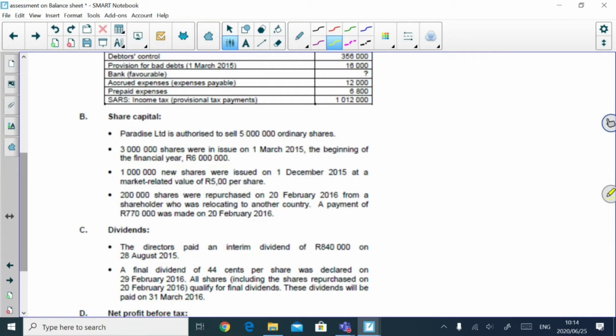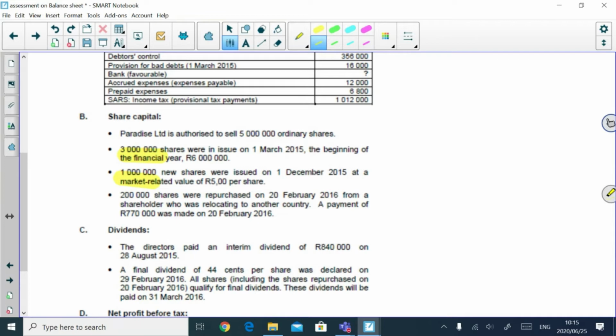So the shares that are issued are your 3 million shares and your 1 million shares. Now they were issued at different prices.